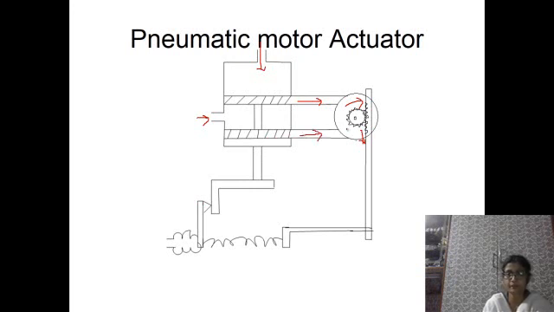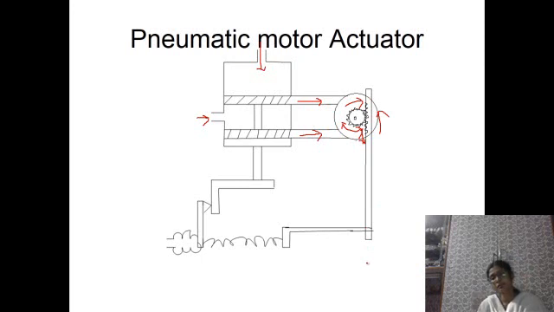So the pneumatic motor will run in the opposite direction, in the counterclockwise direction. As a result, the rack will move upward. So the stem again will move in the upward direction.